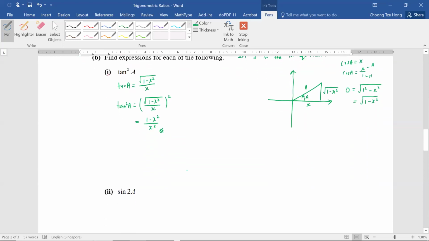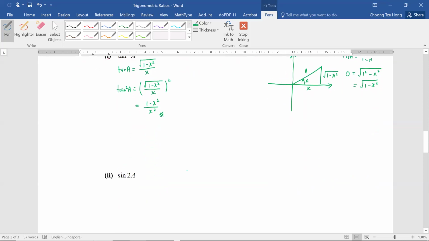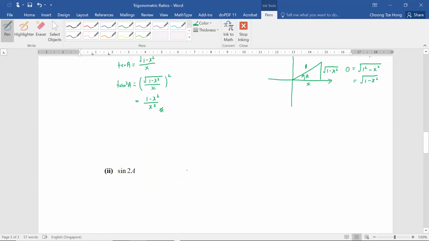Right, so next part over here, let's take a look at this. Sine 2a. This means that we now need to apply the double angle formula. If you recall, the double angle formula for sine is 2 sine a cosine a. Let's get the value. Sine A will be opposite, so the square root of 1 minus x squared over 1.